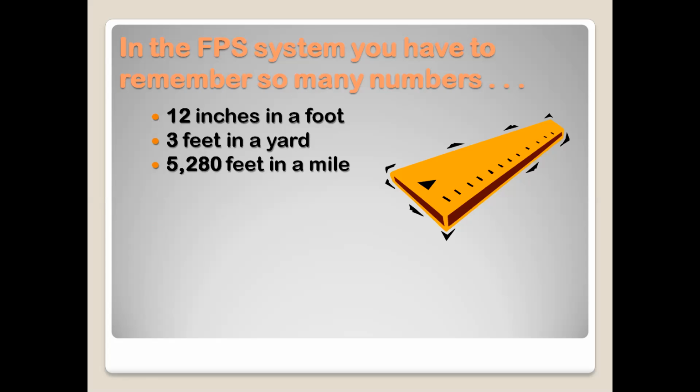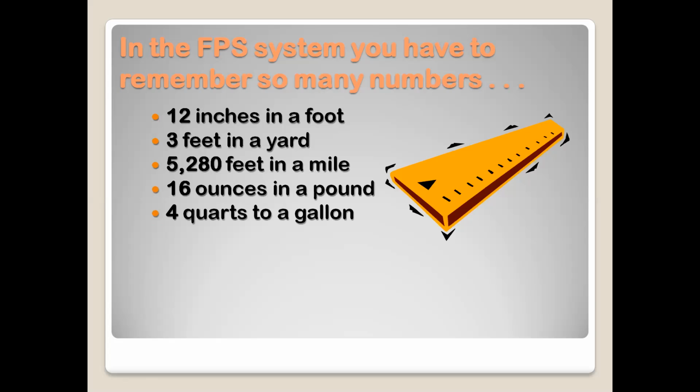Then if you want to convert feet into miles, you should remember a third number, 5,280, because in a mile, there are 5,280 feet. Or if you want to convert ounce into pound, then 16 ounces are there in 1 pound. Or if you want to convert quarts to gallon, you should remember the number 4. That is, there are 4 quarts to a gallon. So depending on the different quantities and the different conversions, you need to memorize so many numbers.